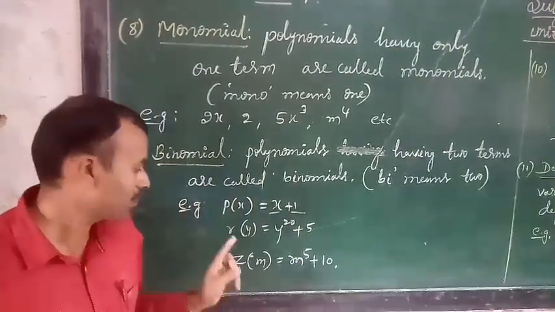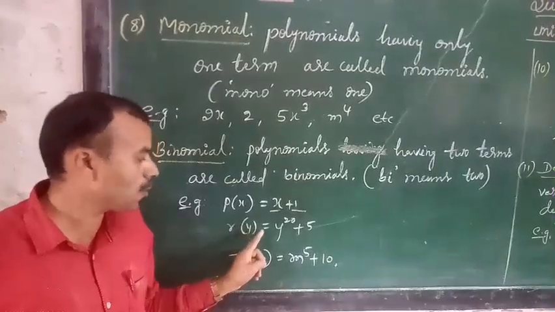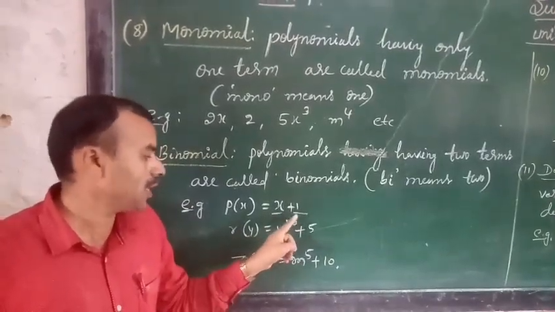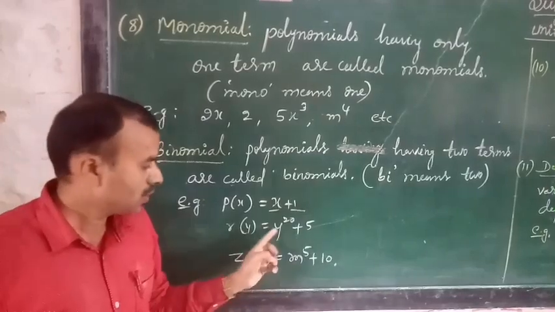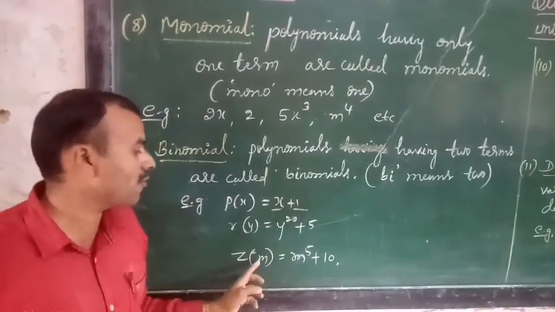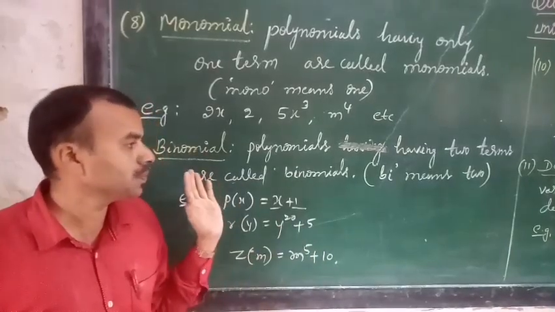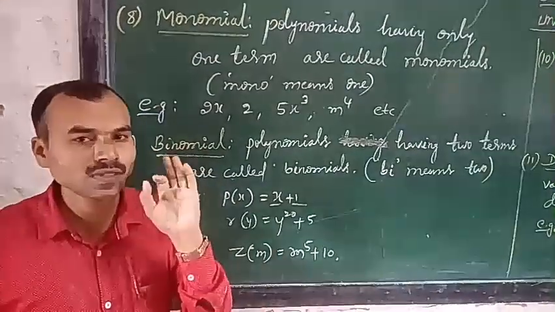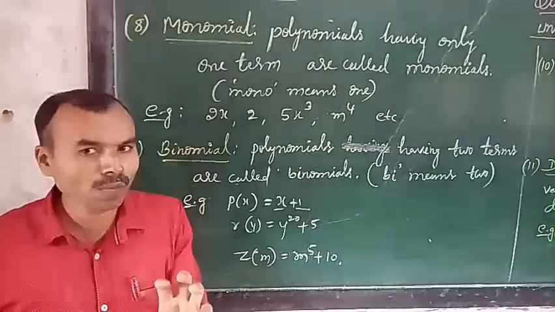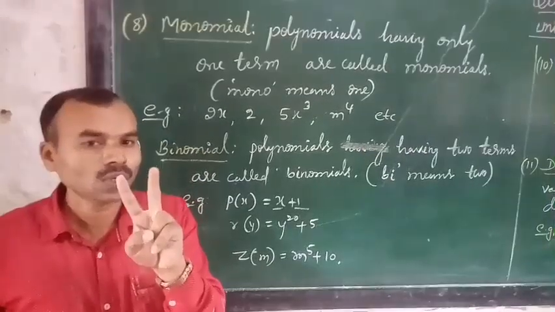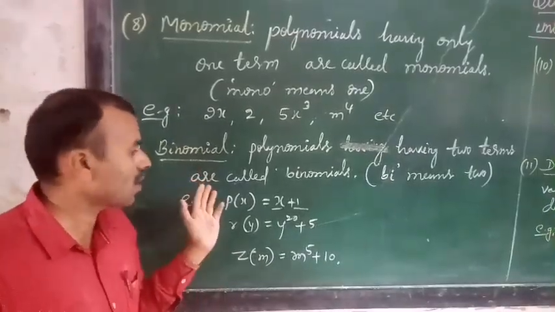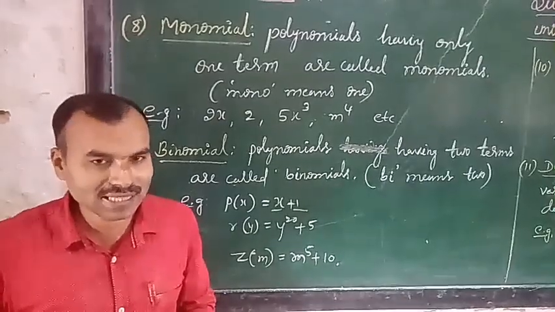R of y equals y to the power of 20 plus 5. Two terms are there. Z of m equals m to the power of 5 plus 10. Here also there are two terms. Repeat once again: the polynomials having two terms are called binomials.